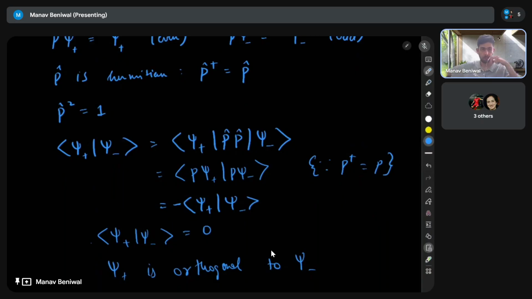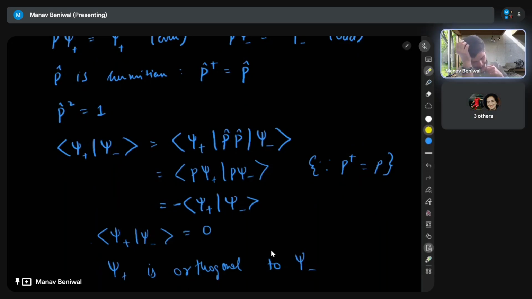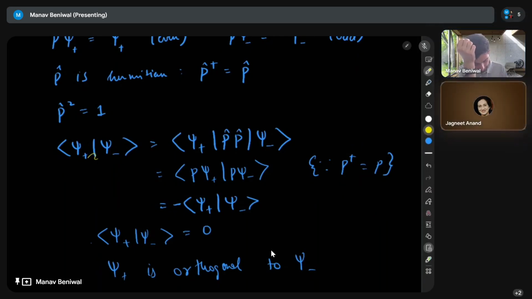If we take the inner product of psi minus with psi plus, we'll get the same thing. Because in step 2, when you shift parity towards the left hand side, p is Hermitian, so p will remain p, but will psi minus change? I'll use another color.